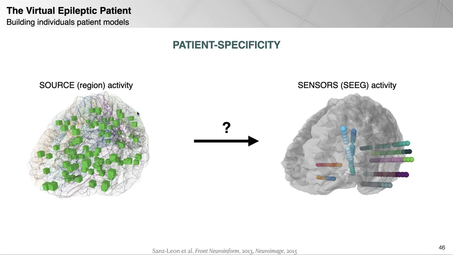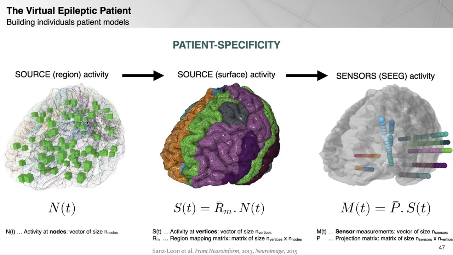So to compute the SEEG activity, because the direct output of TVB is the source activity, the local field potential, how do we compute the sensor activity? In TVB, the regions are projected to the surface using the region mapping matrix.